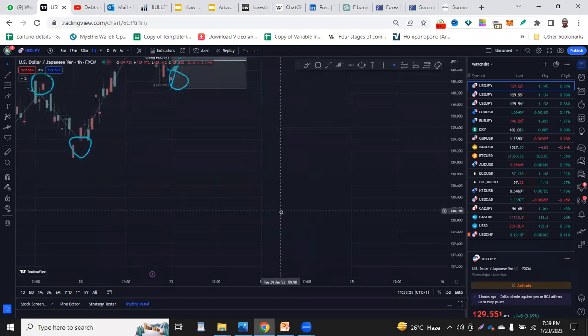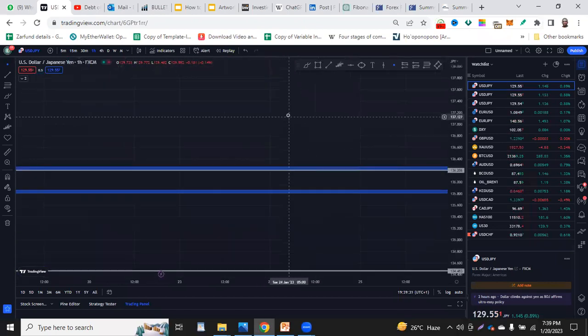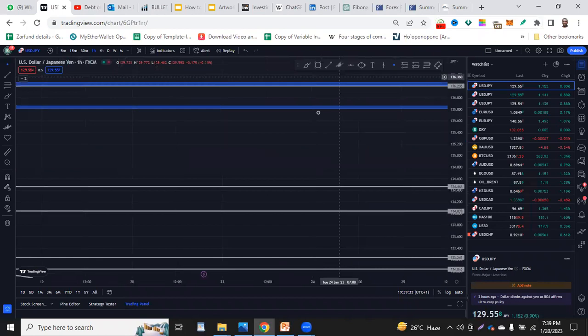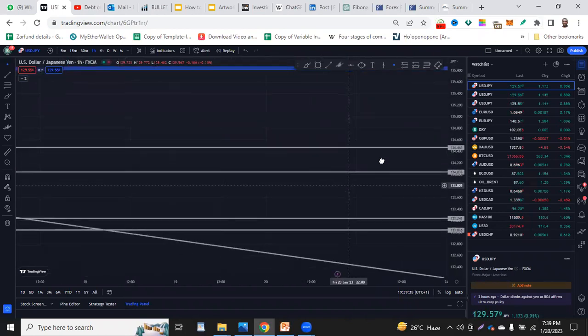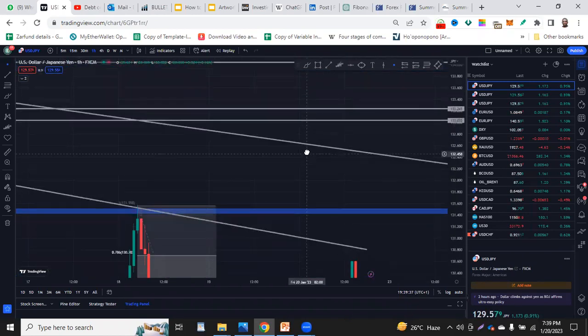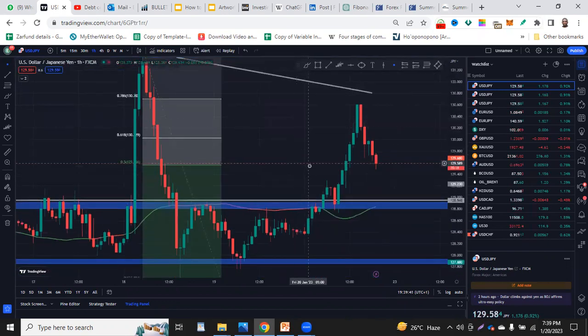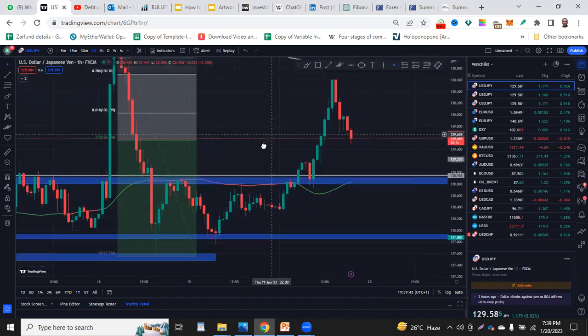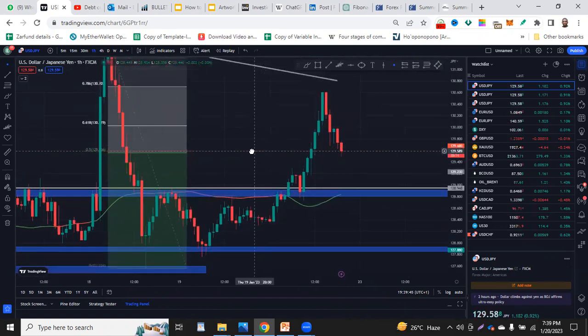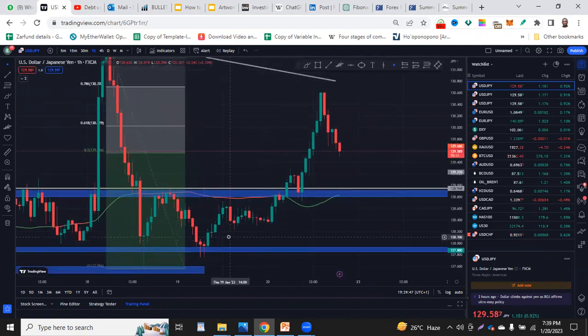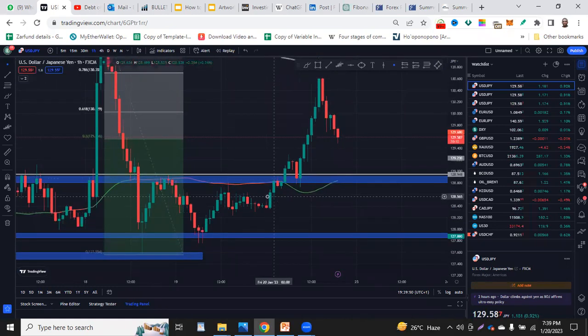So this is USD JPY. Let's see if we can see a recent move that we could have traded with Fibonacci. Okay, so let's pick something now. Let's pick this move now.